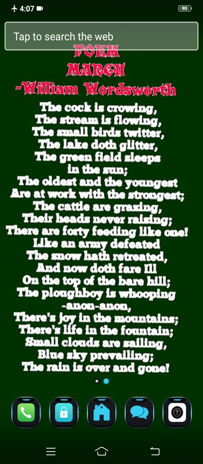In the title itself, the word March shows that March is the time of gradual, that is slow change, where spring takes over and the last of the snow melts away. For better understanding of the poem, I have divided the poem into two parts, 10 lines each.